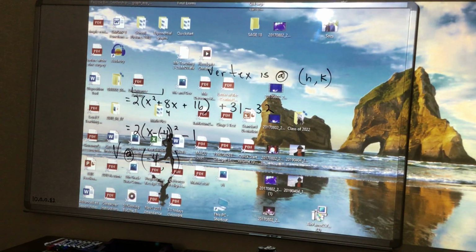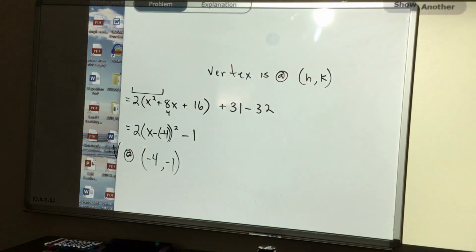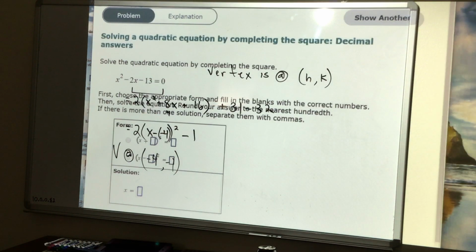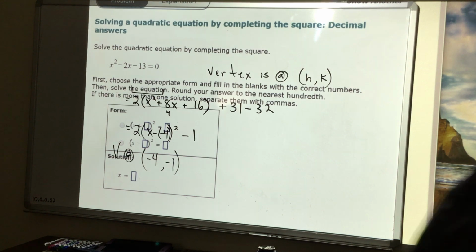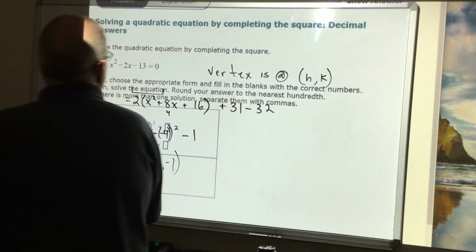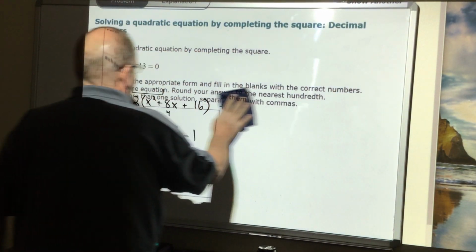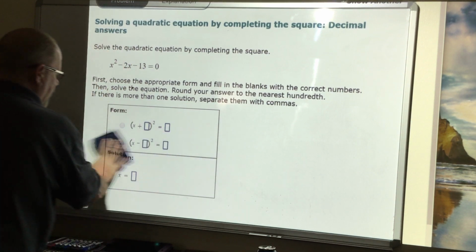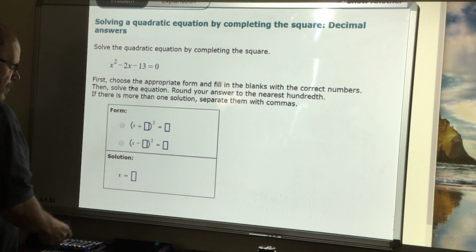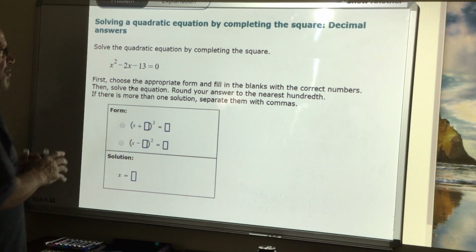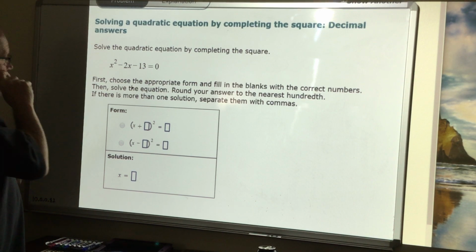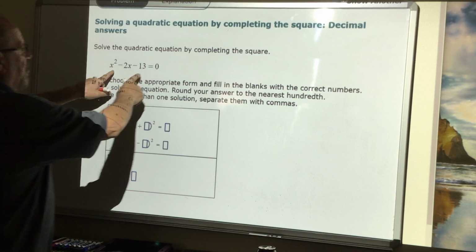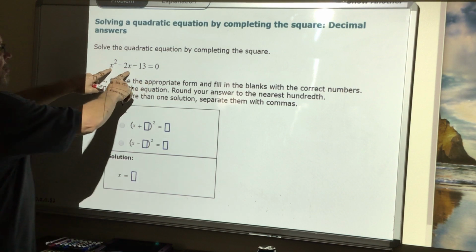So you got a bunch of practice of them, and here is, as promised, the new problem type, where we are going to solve this by completing the square. We're going to do the same operation here. I'm going to rewrite it.